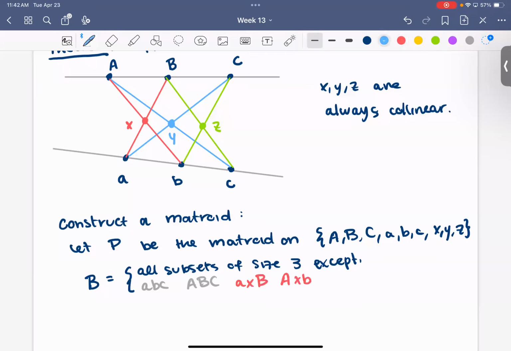We have the blue A, Y, C, and we have the green B, Z, C, and C, Z, B. Okay, so those are my bases. And in particular, X, Y, Z is a basis of this matroid.